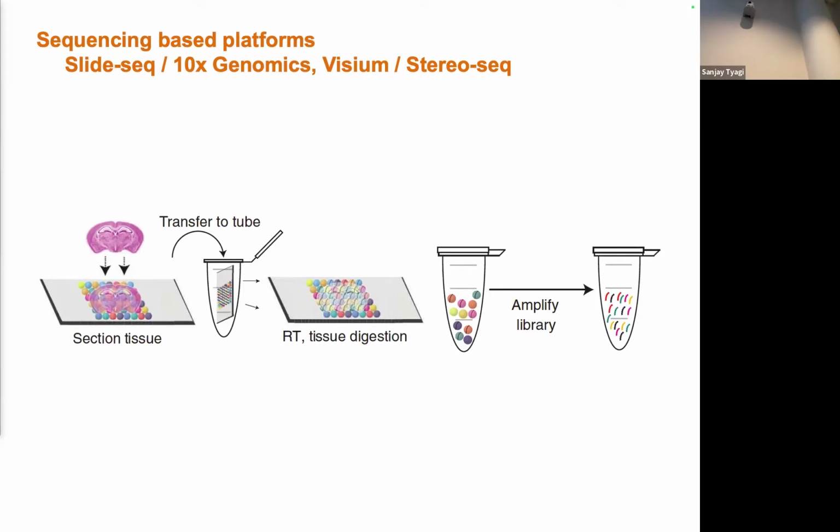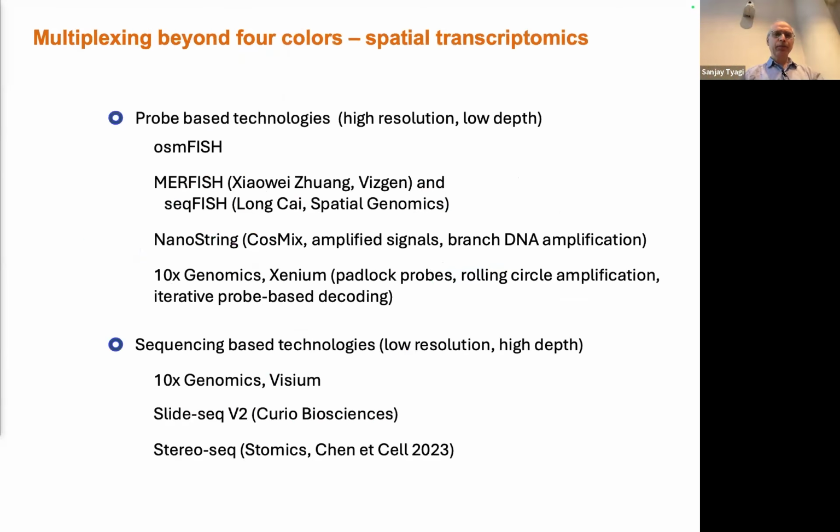So these technologies, there are several kinds, but they're limited by the resolution of the bead. The Chinese company that I described to you has the best resolution, Stereo-seq, locations to within cell boundaries.